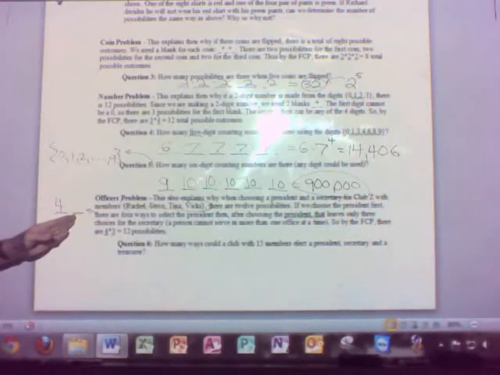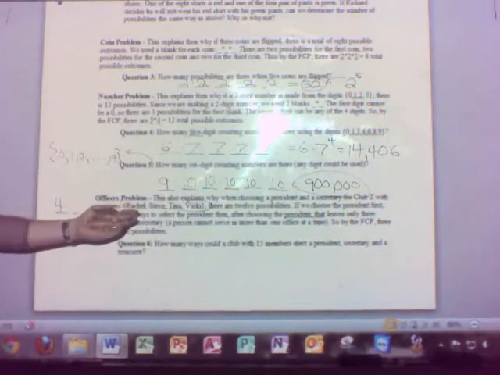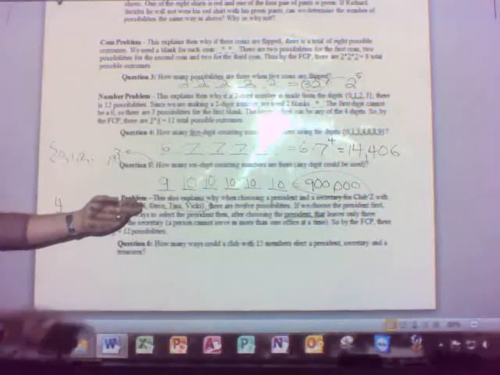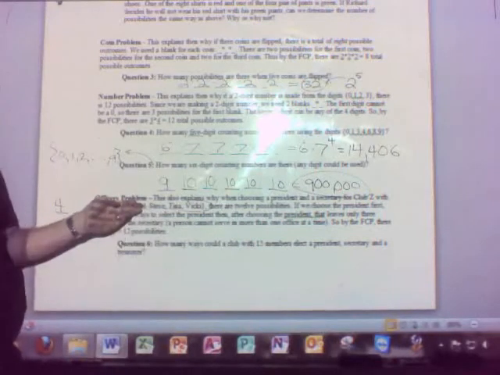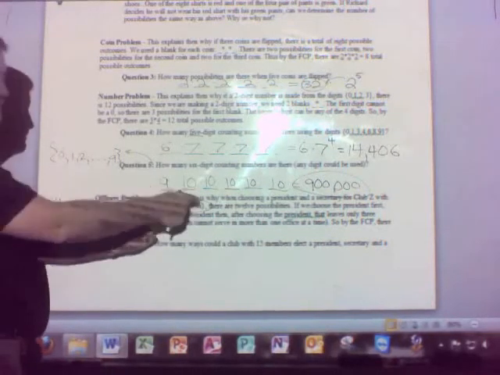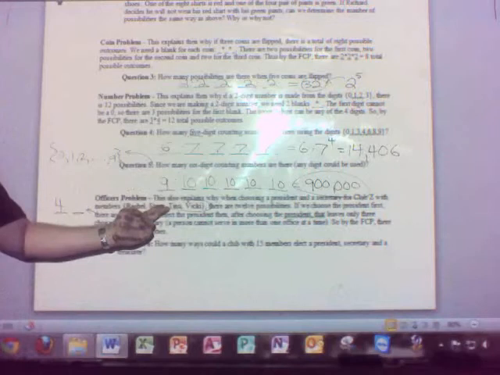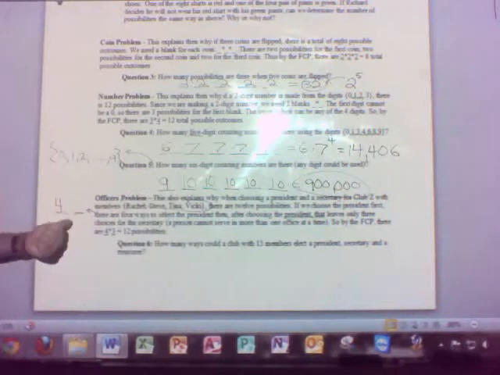However, since no one can serve more than once at a time, it's not 4 here. Because let's say Rachel was president. How many possible are there? 3. If Steve is president, 1, 2, 3. There's only 3 there. So for the second blank, you see it goes down by 1 because you can't have the same officer twice.